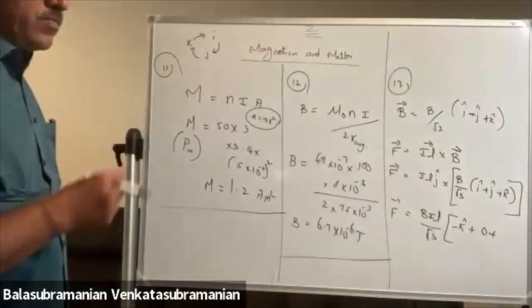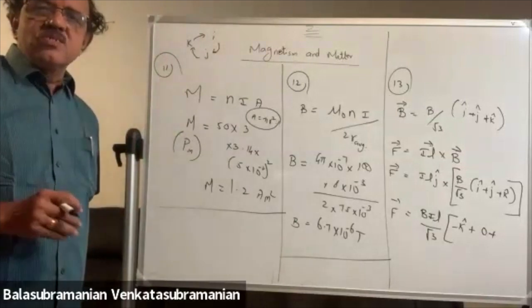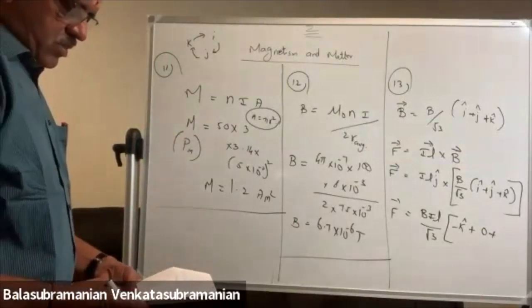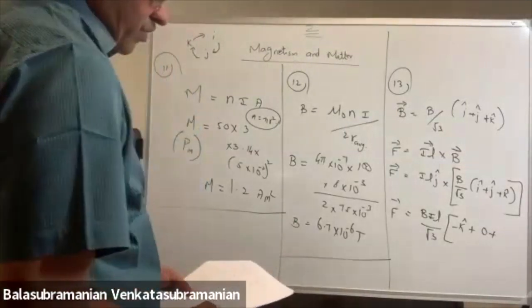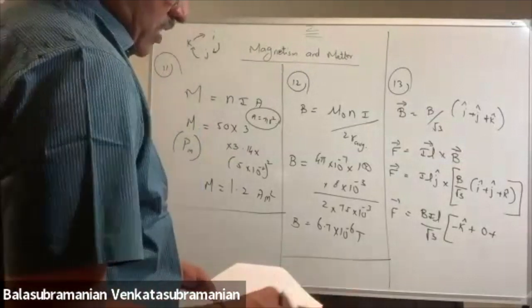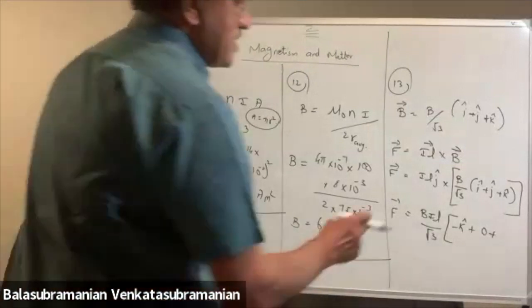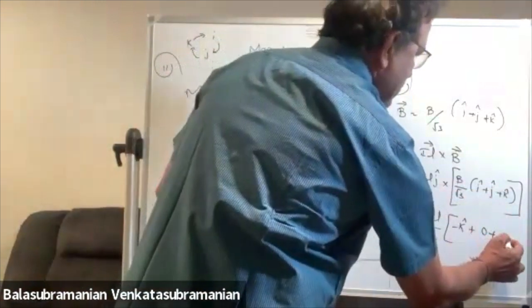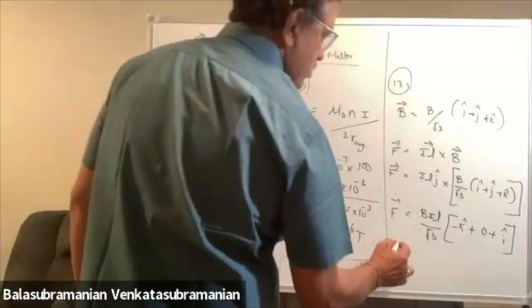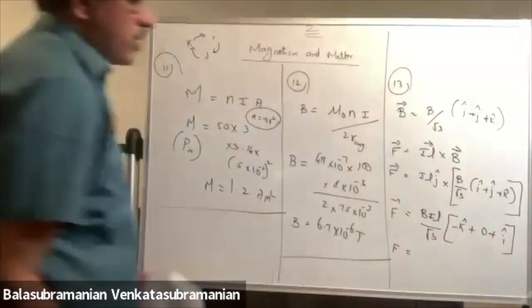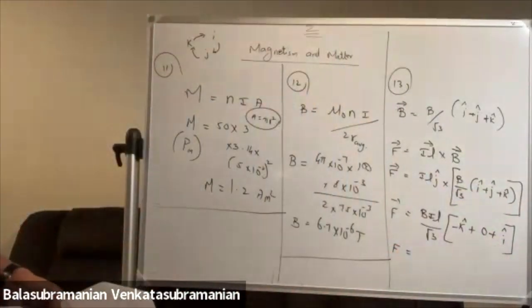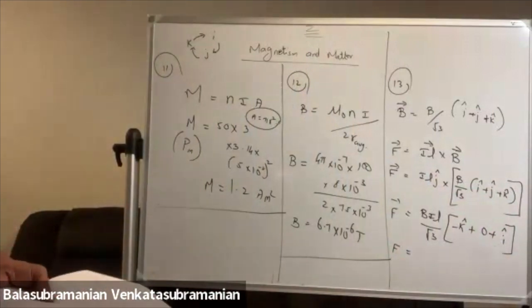Cross product 0. Next, J cross K. J cross K, that is I. So F is equal to, I want only the magnitudes there.